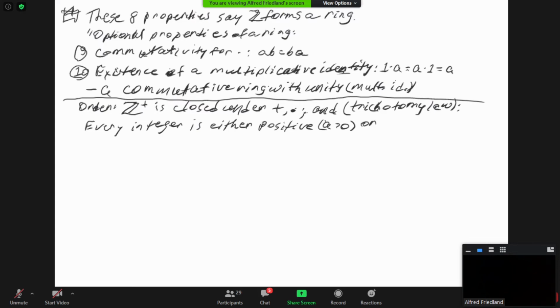Or a is equal to 0, or negative a is positive. I'll just say or. So every integer, I'll call it a. Every integer a is either positive, a is greater than 0, or a equals 0, or a is negative.